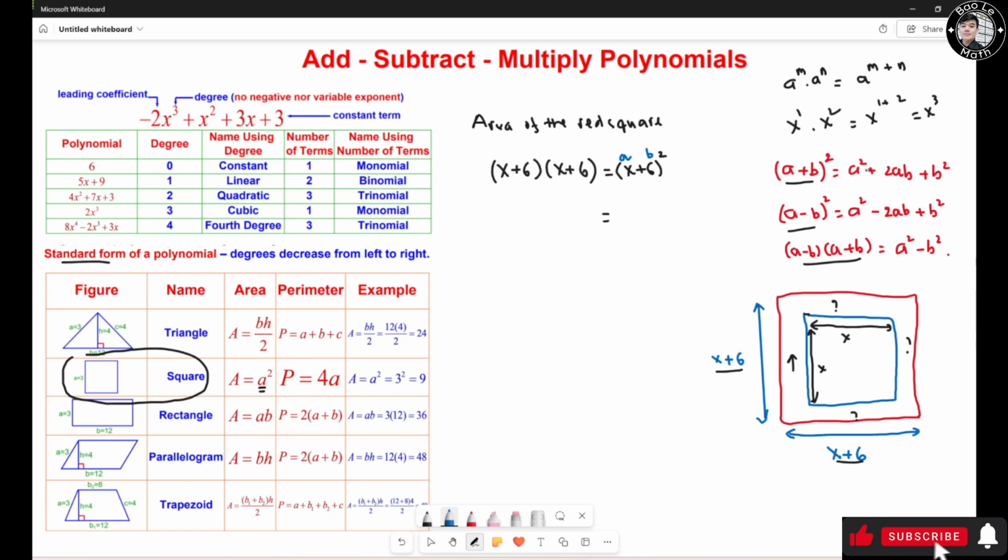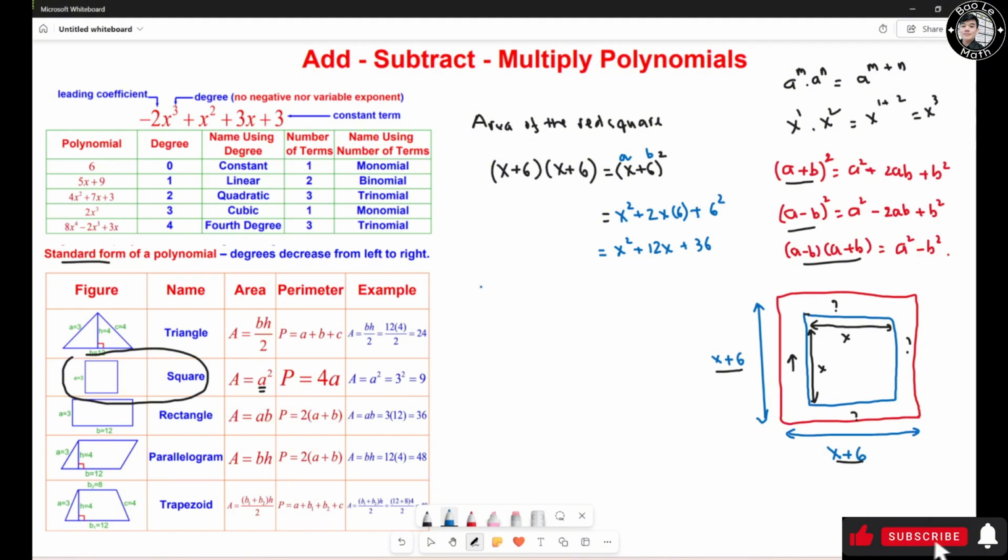So I apply this formula: a squared means s squared, plus 2 times a times b, which is 2 times s times 6, makes sense, plus b squared, which means 6 squared. It turns out to be s squared plus 12s plus 36.